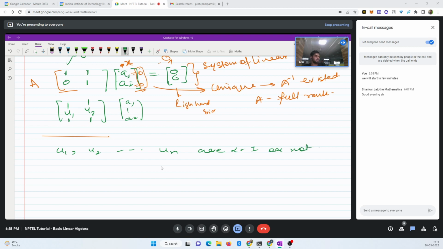First of all, you will write u1 as your first column, u2 as your second column, and so on till un. Now if this matrix is invertible, then it is full rank and hence a unique solution.